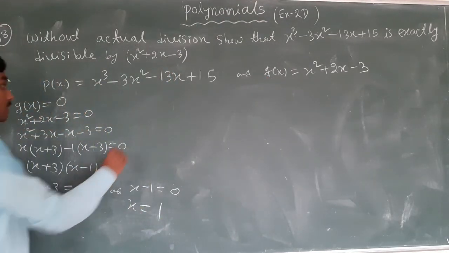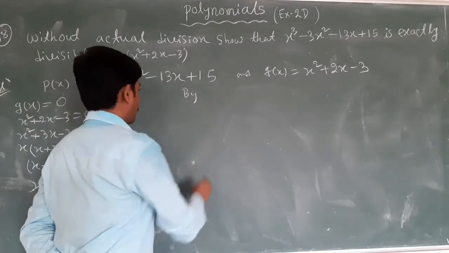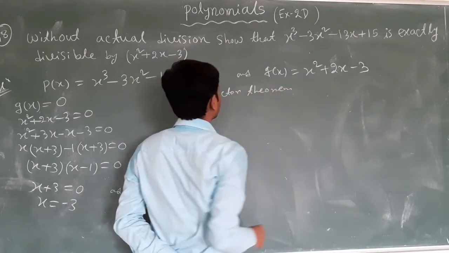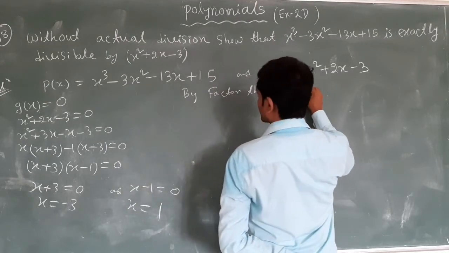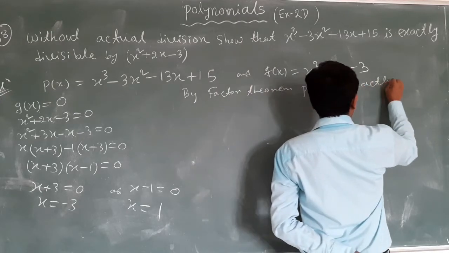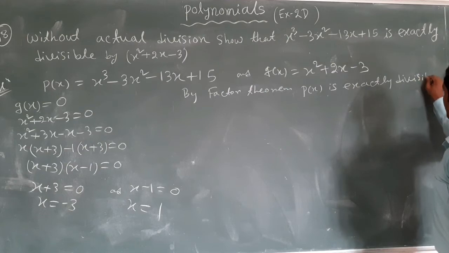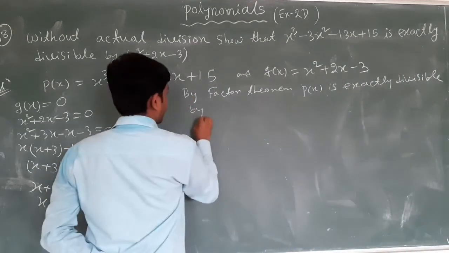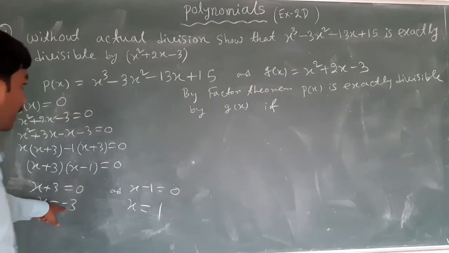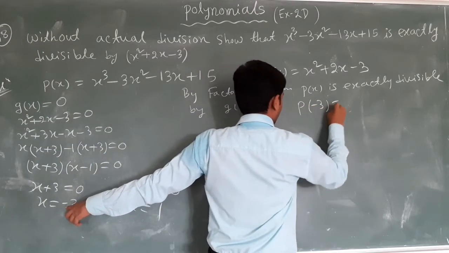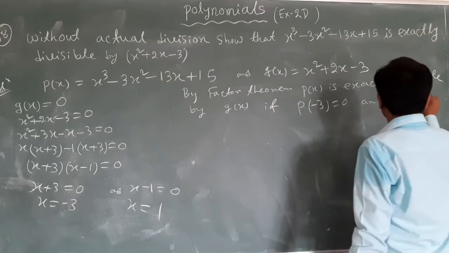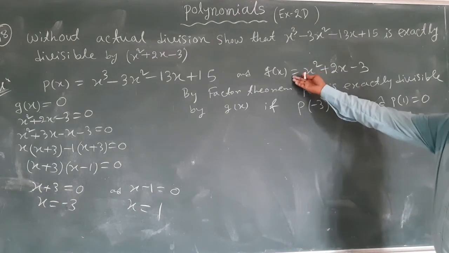So by factor theorem, p(x) is exactly divisible by g(x) if p of minus 3 is equal to 0 and p of 1 is equal to 0, because g(x) has two zeros.